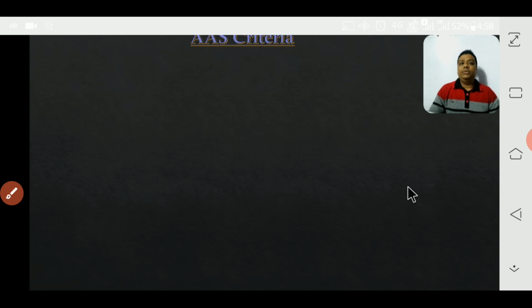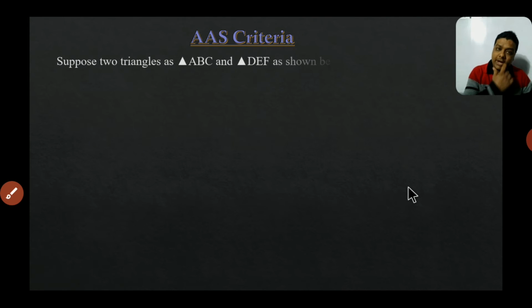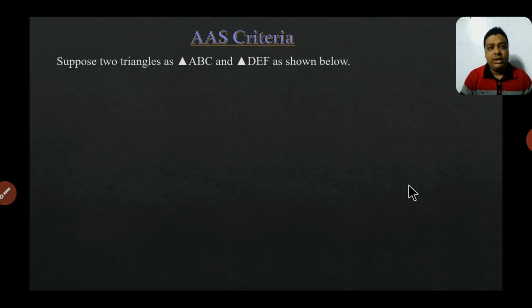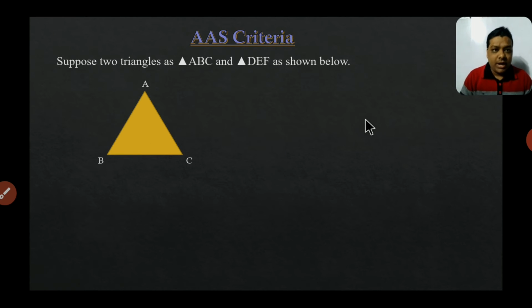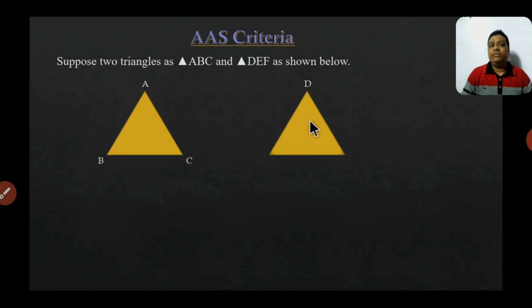Okay. So suppose two triangles are triangle ABC and triangle DEF. Let's draw it again. Triangle ABC, this one, and triangle DEF, this one. Now if any two angles, say angle A is equal to angle D, and adjacent angle B is equal to angle E. It can be angle C and F also, dear.